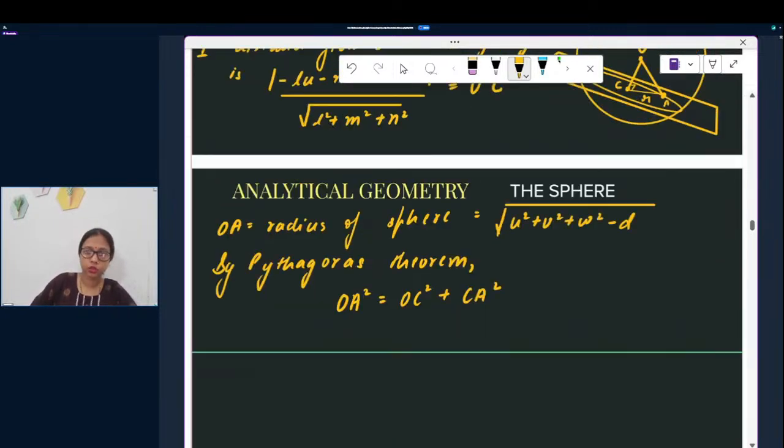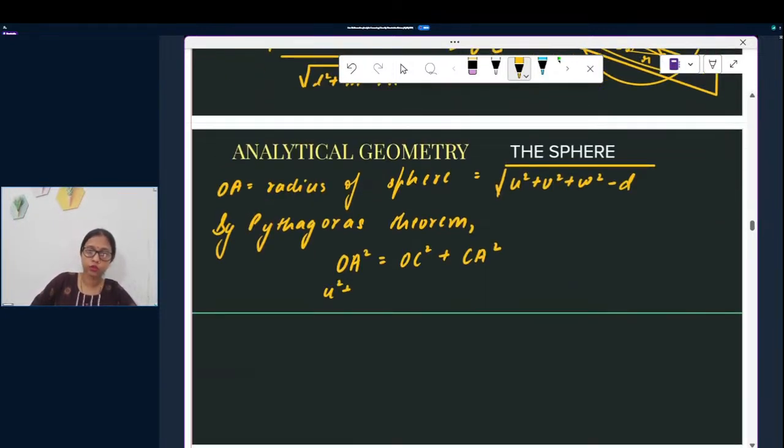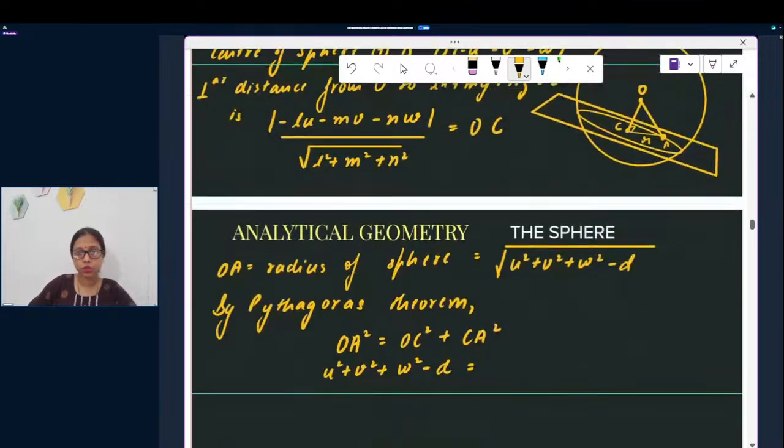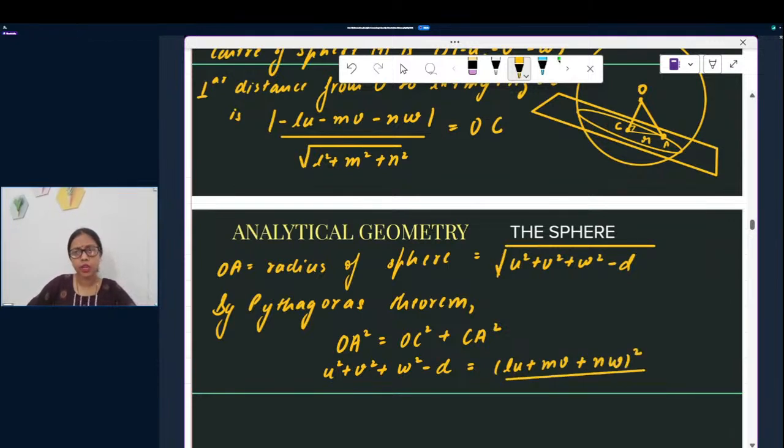So what is OA square? It is u square plus v square plus w square minus d, equal to OC square. OC square is Lu plus Mv plus Nw whole square divided by L square plus M square plus N square, plus R square. So what is R square?